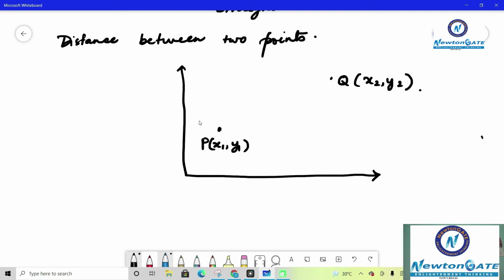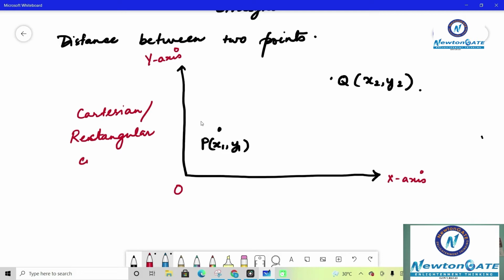These are the 2 points. Now we are required to find the distance between P and Q. For that, let us draw a straight line. This is my origin, this is my y axis, and this is my x axis. These are the rectangular coordinates, also known as Cartesian coordinate axes of the points.